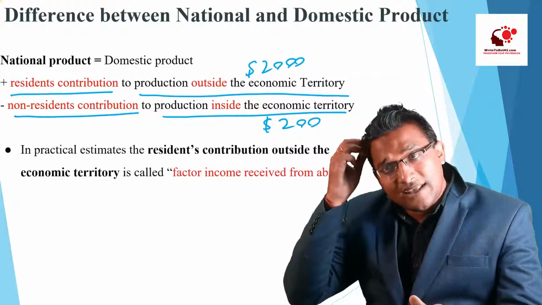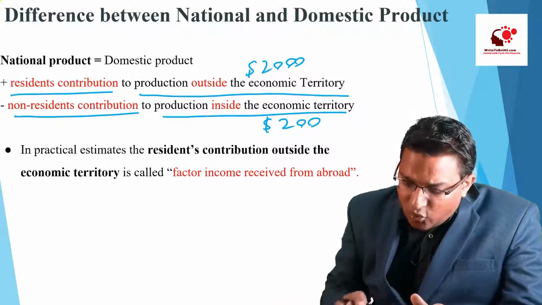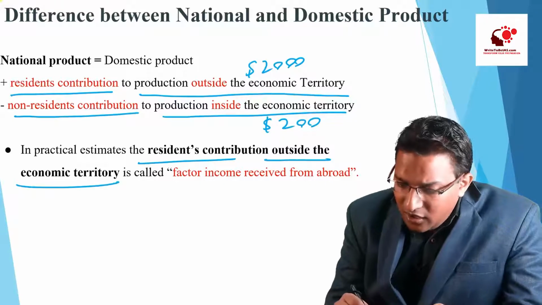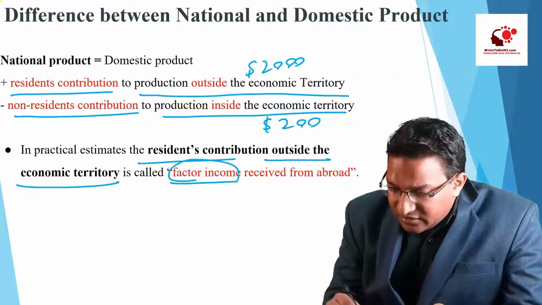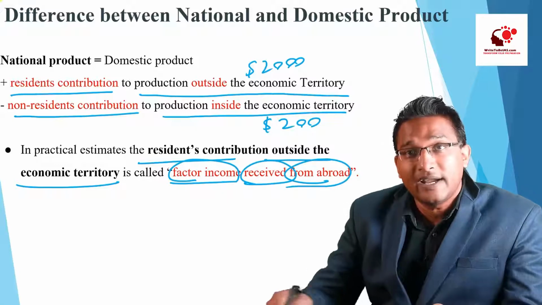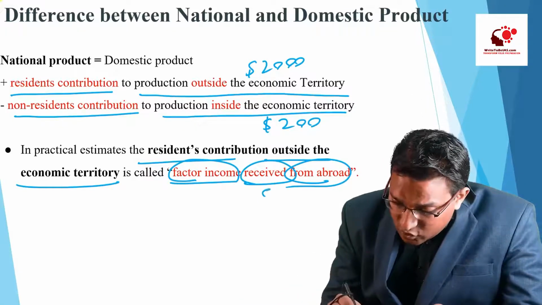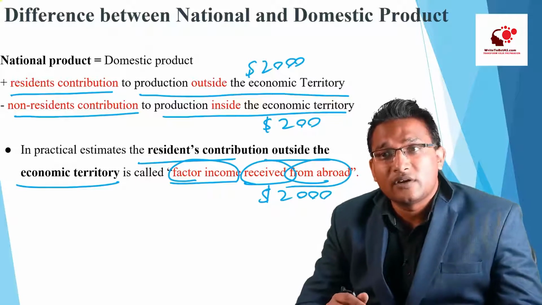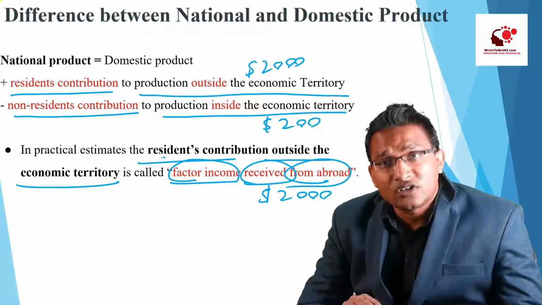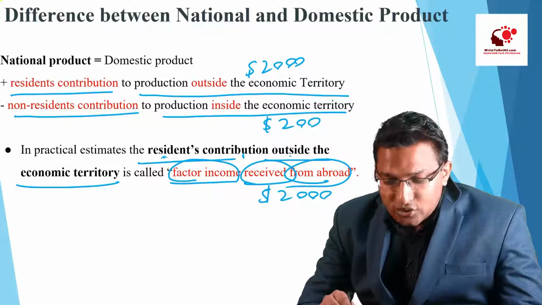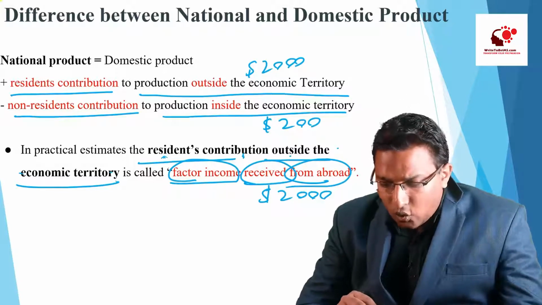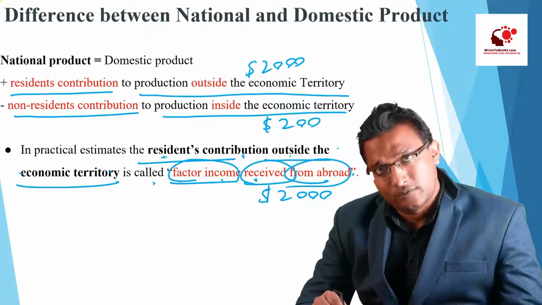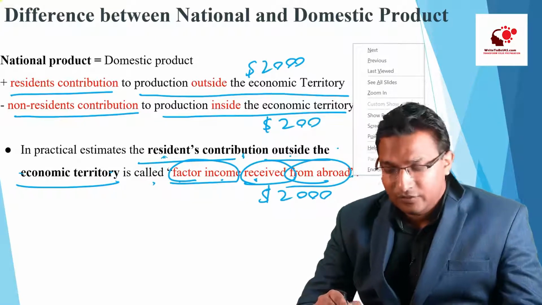In practical estimates, the residents' contribution outside the economic territory is called factor income received from abroad, right? What is the example? Example is $2,000 of Mr. Samir. So the residents' contribution, that is the contribution of Mr. Samir outside the economic territory, is called factor income received from abroad, right?